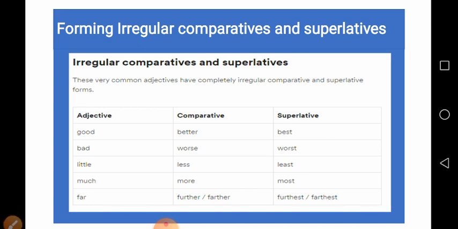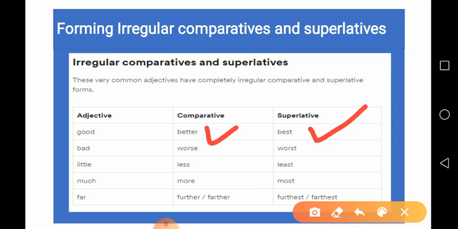Here we have also learned that there are some irregular comparatives and superlatives, like good becomes better in the comparative and best in the superlative. So, you can pause the video for some time and write down all these regular and irregular comparatives and superlatives. They will help you while changing degrees.